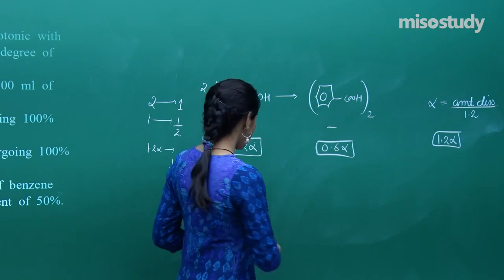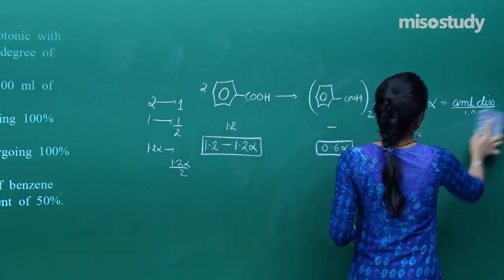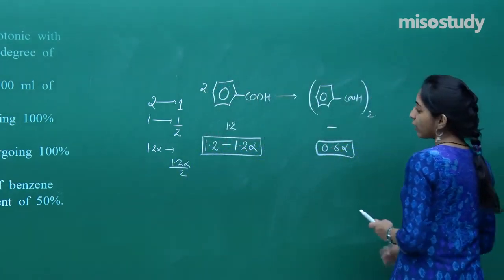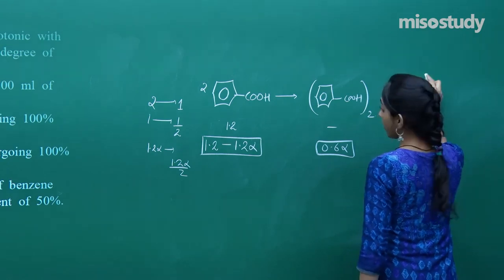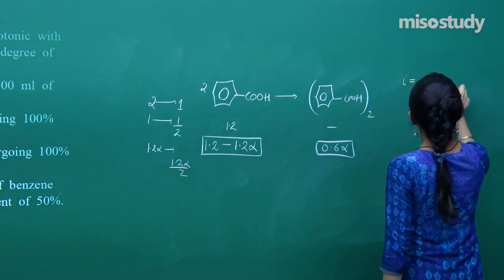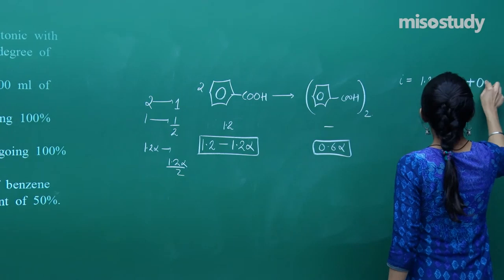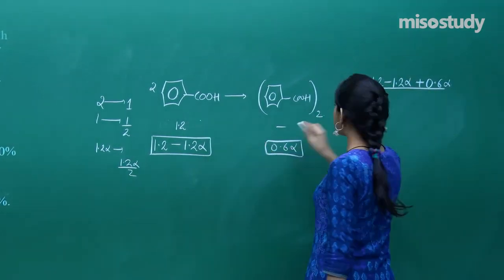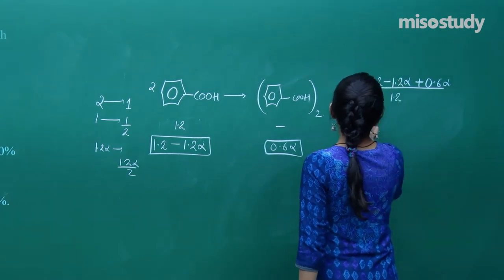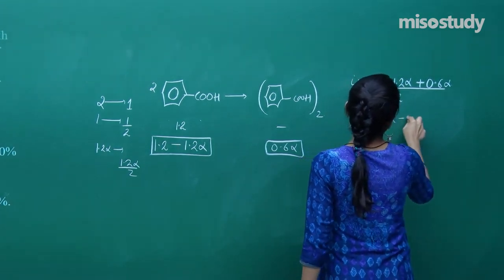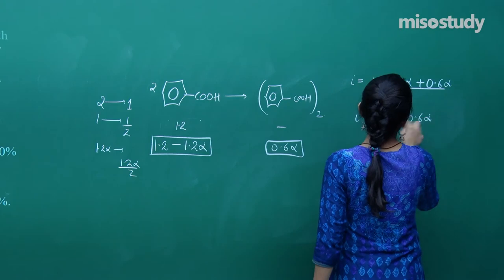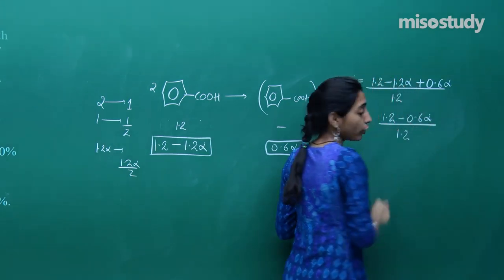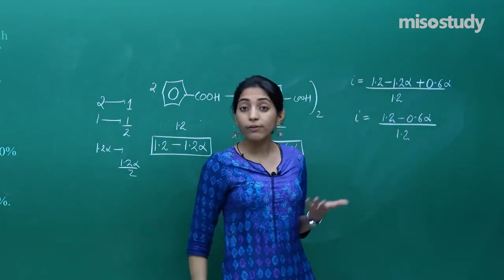Now what should be the value of i? The value of i should be 1.2 minus 1.2 alpha plus 0.6 alpha, to be divided by the initial, which is 1.2. So i will be 1.2 minus 0.6 alpha, divided by 1.2, and alpha is given to be 50%.